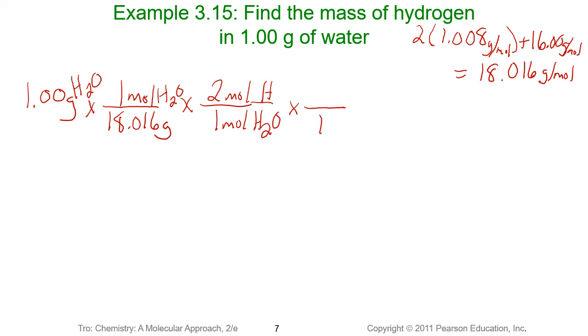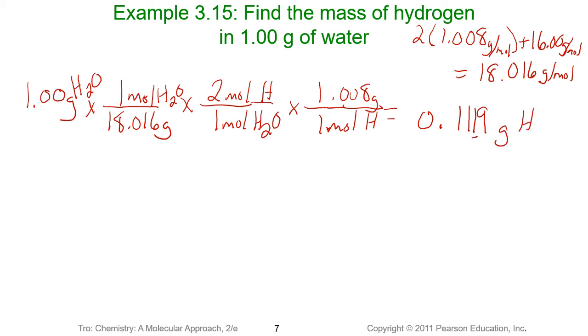And then we can go back to mass. 1 mole of hydrogen is 1.008 grams of hydrogen. And if we multiply across the top, divide by anything on the bottom, we have 1.1119 grams of hydrogen.